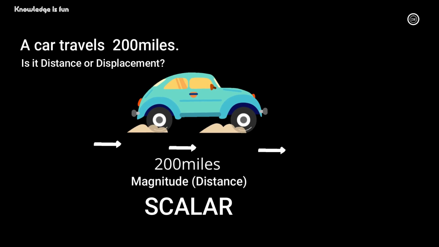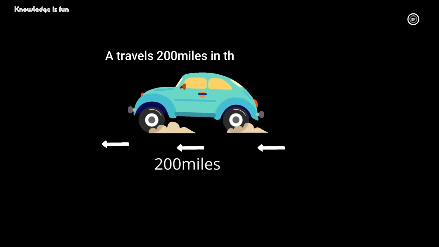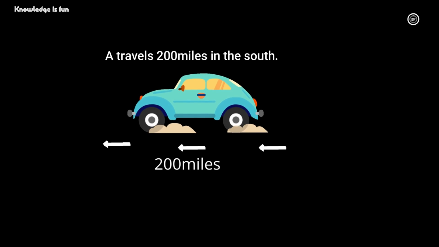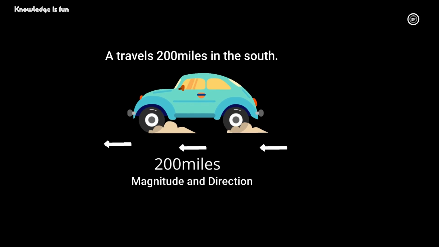Okay, when the question comes this way, again, a car travels 200 miles south. Now, the 200 miles talks about the magnitude, while south talks about the direction.